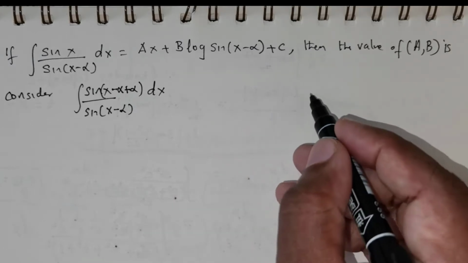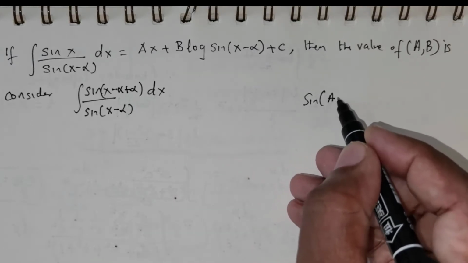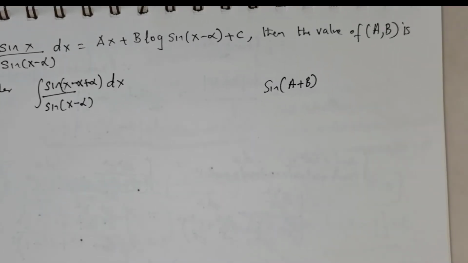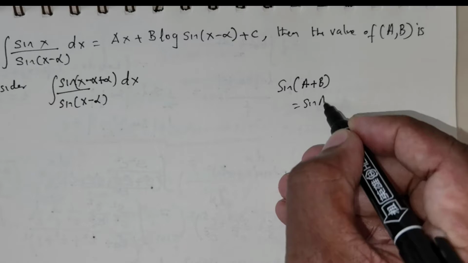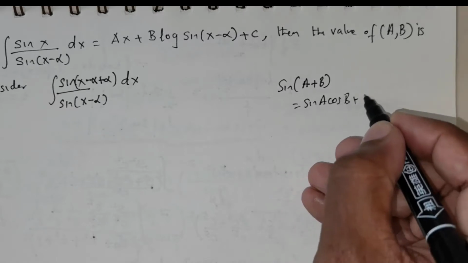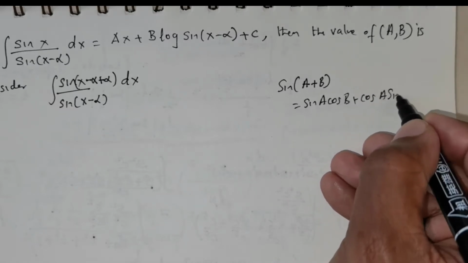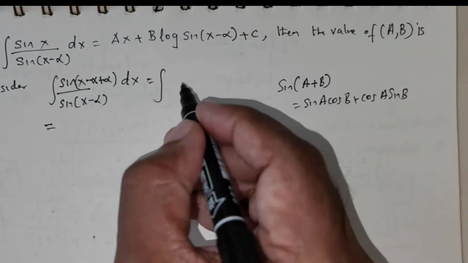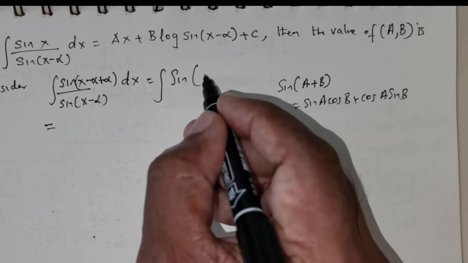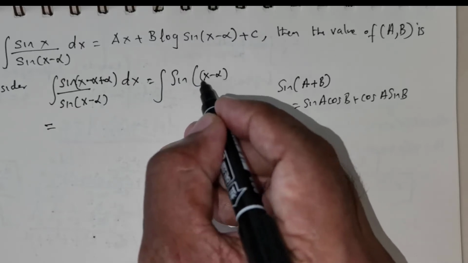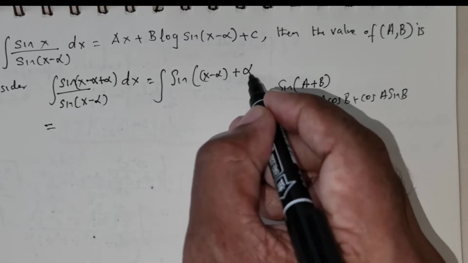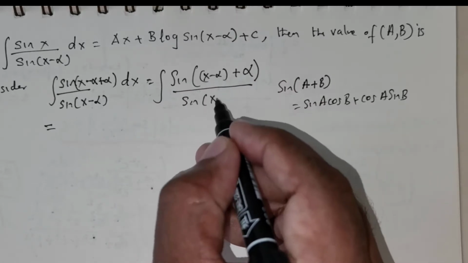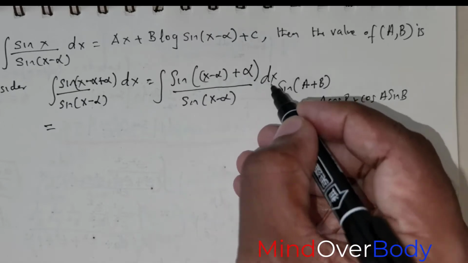Now this is equivalent to the famous sin of (a plus b) formula, which is equal to sin a cos b plus cos a sin b. So if I use this formula, let me rewrite this as sin of ((x minus alpha) plus alpha) divided by sin of (x minus alpha) dx.